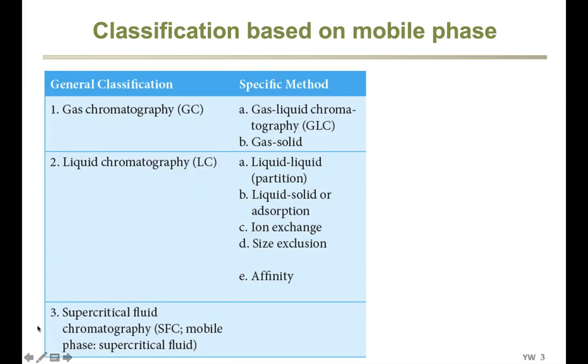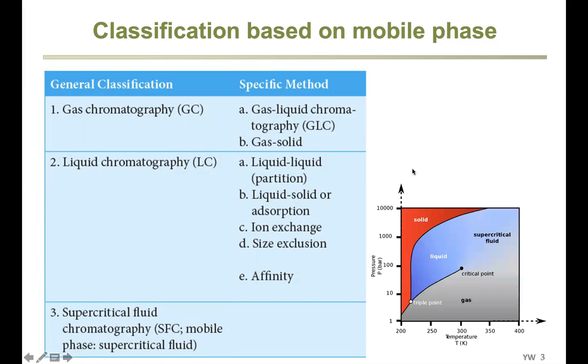And a relatively new one is supercritical fluid chromatography. If you look at the phase diagram, we have the gas, we have the liquid, and supercritical fluid is in this region. There's no clear boundary between the physical properties of gas and liquid in this region, so it's called supercritical fluid.